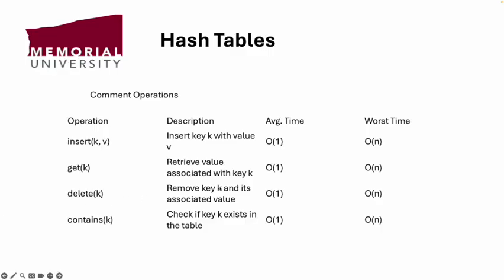Delete removes the key and associated value, and contains verifies whether the key exists in the table or not. That's all big O of 1. So it's very, very fast, compared with linear data structures and also tree structures, all right?